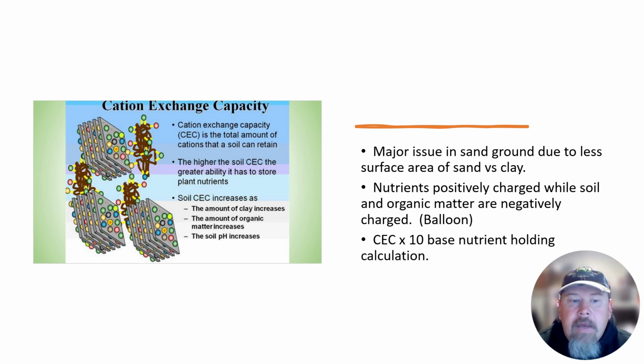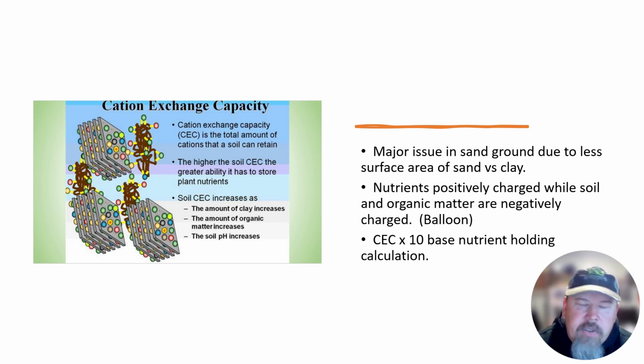However, adding organic matter to the soil has many benefits, and one of those is to be able to raise the cation exchange capacity. Now, why does this matter? A couple different ways. It can increase the soil pH in the areas that are needed, but the biggest reason is nutrient holding.